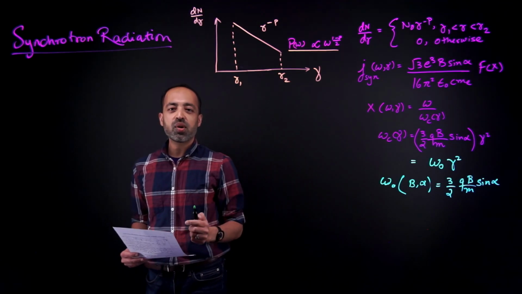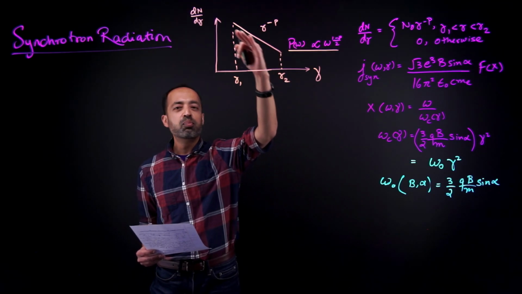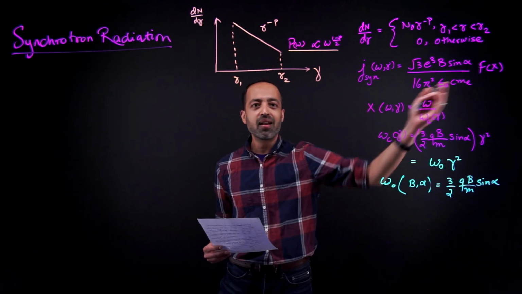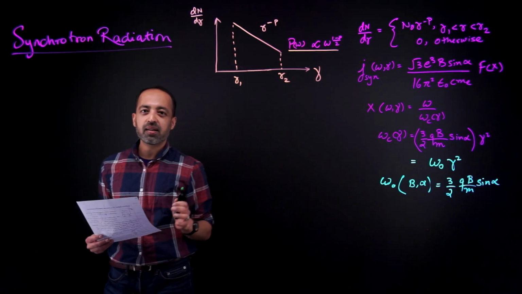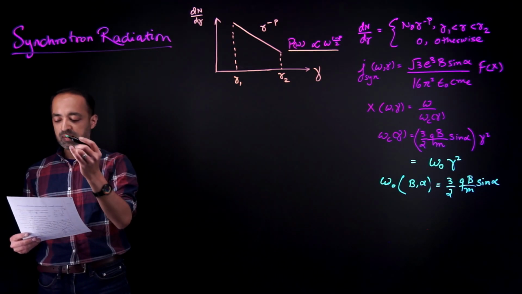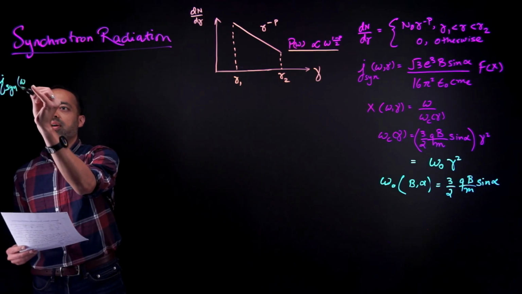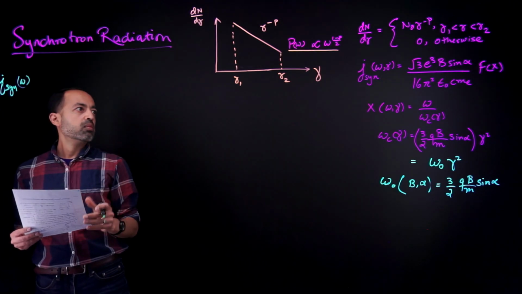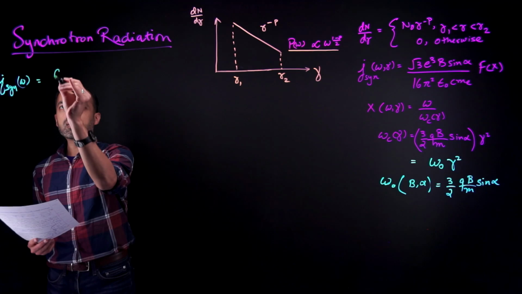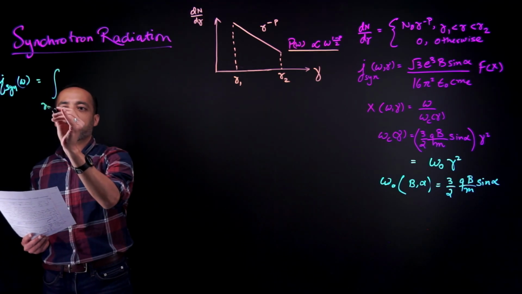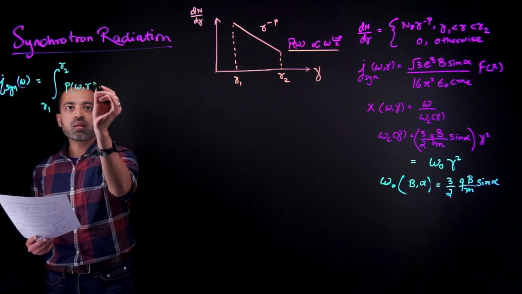So to do that, what you'll want to do is, as I said last time in the previous video, we'll want to convolve the particle distribution with the single particle spectrum. And so instead of writing that kind of p omega d omega thing, let's write down the convolution explicitly. So our j sin of omega, and we're going to integrate over gamma, so it's no longer a function of gamma, is going to be the integral over this distribution from gamma 1 to gamma 2 of p of omega and gamma, right?